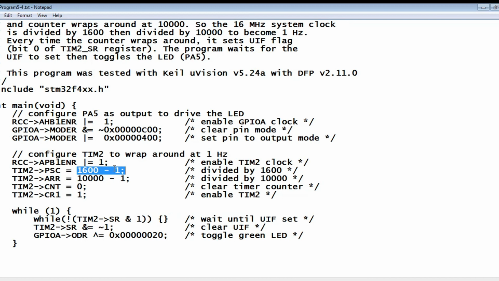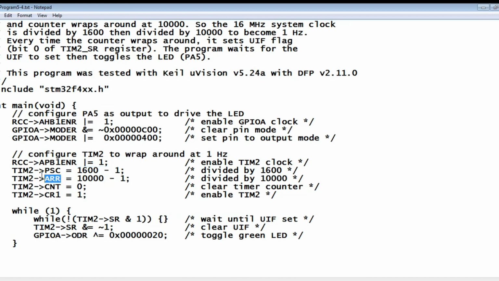Prescaler ratio minus 1. I am taking the prescaler ratio as 1600. So what will be the PSC value? Prescaler ratio minus 1. So instead of writing 1599, I write it as a general formula, prescaler ratio minus 1. My prescaler ratio is 1600.